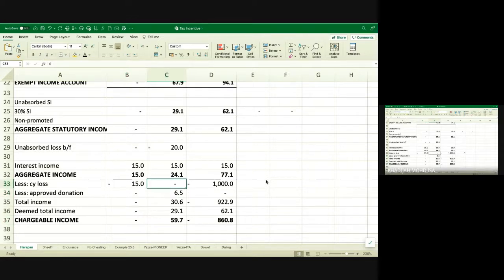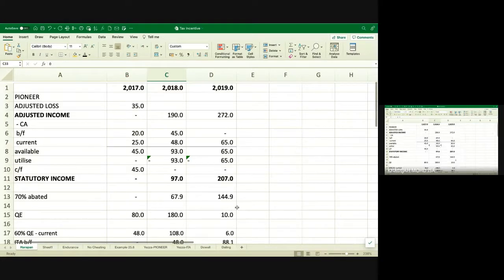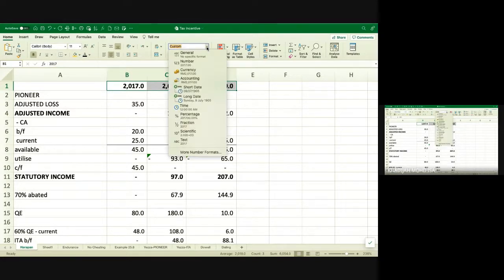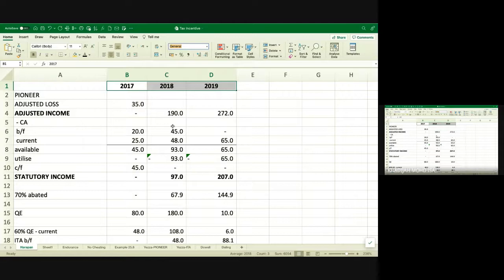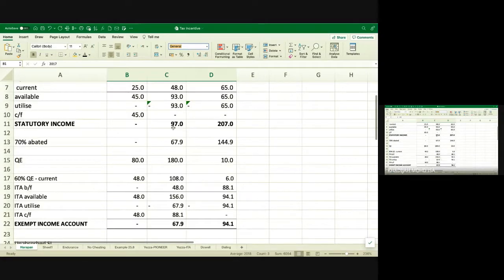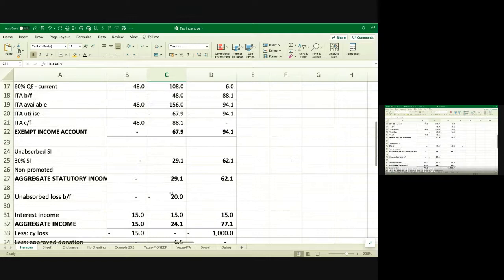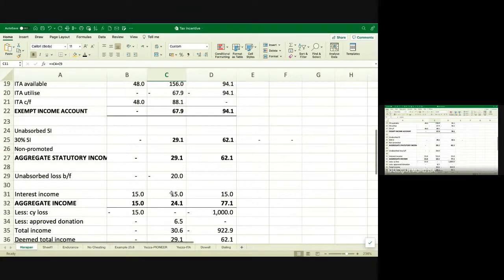For the second year, 2018, this one is 2018, statutory income 97, abated, and then 30% is 29.1, aggregate is 29.1. You have unabsorbed loss of 20.